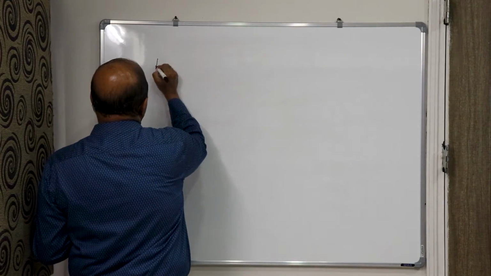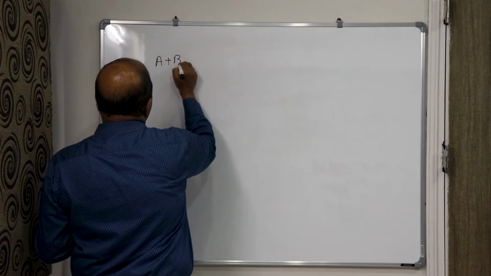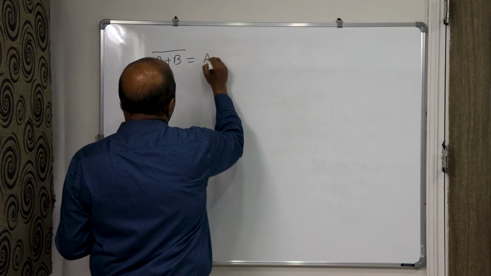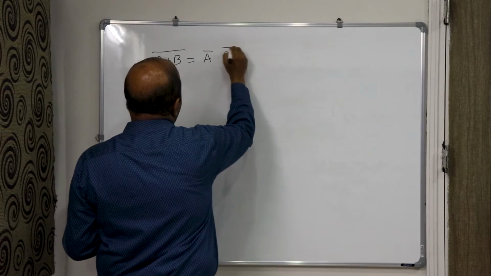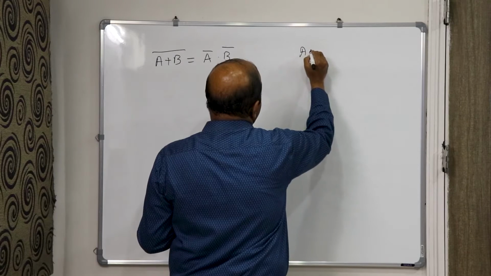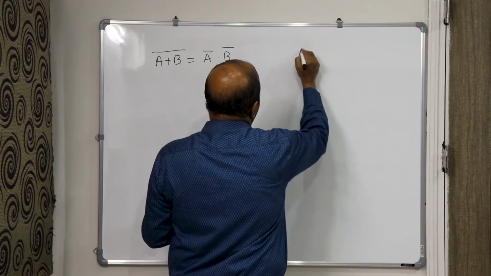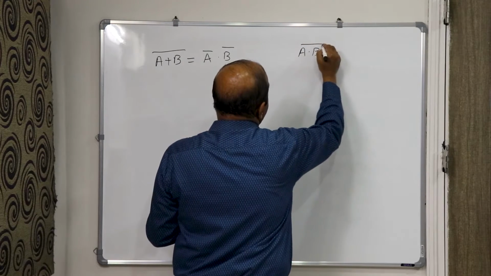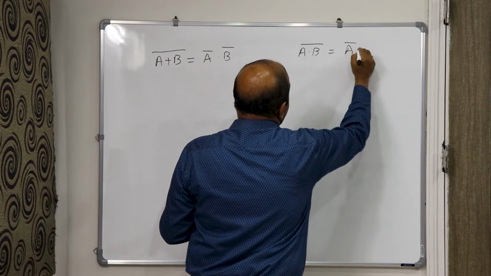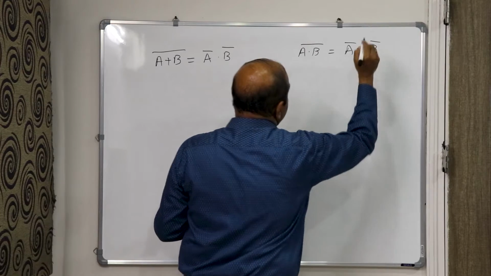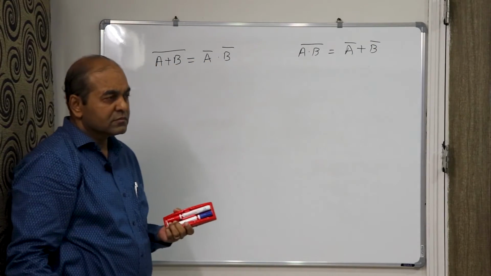Now De Morgan's rule, (A plus B) whole over bar, that is A bar dot B bar. From this side, (A dot B) whole over bar, that is A bar plus B bar. Okay.